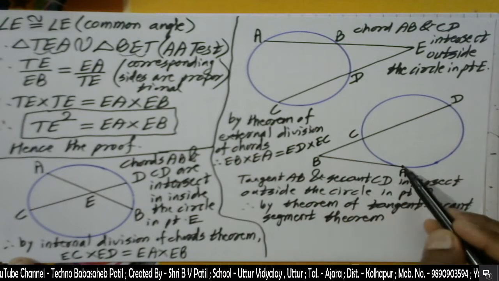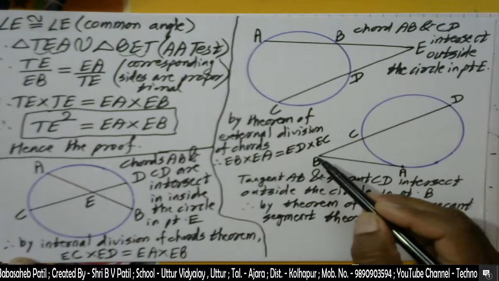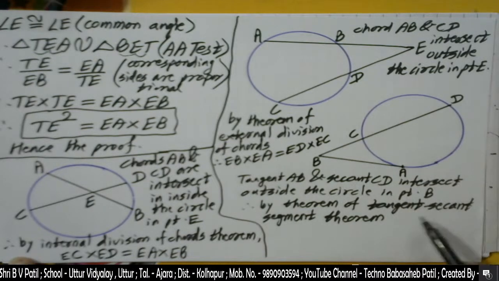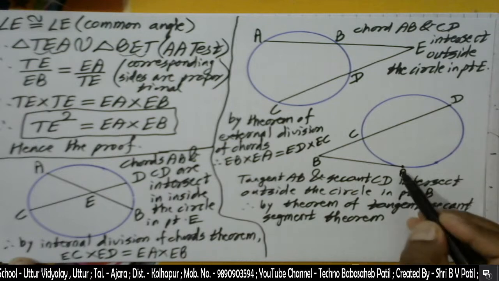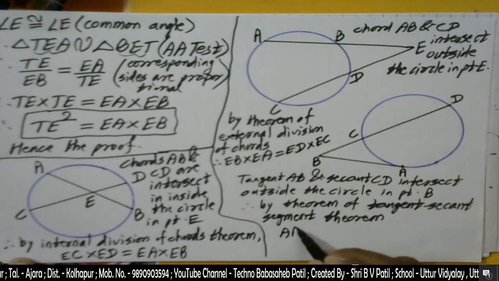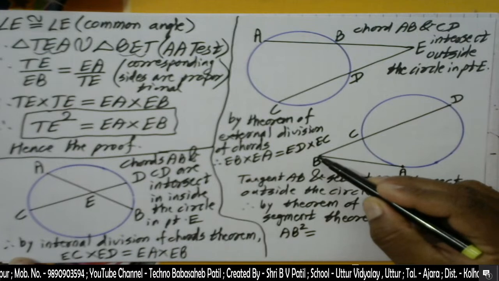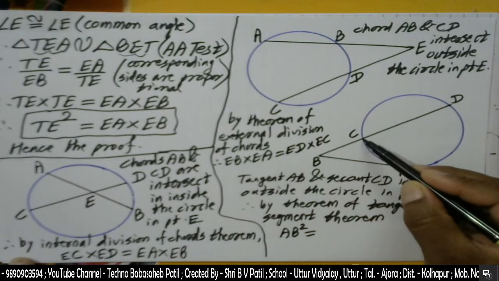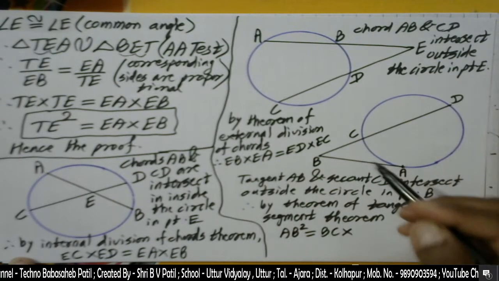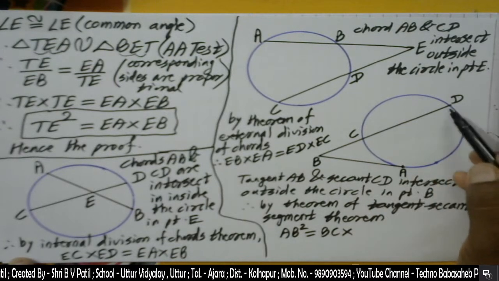Then tangent AB and secant CD intersect outside the circle at point B. Therefore, by the tangent secant segment theorem, tangent segment AB square is equal to the intersecting point B to the first endpoint of the chord, that is BC, into B to the other endpoint D, that is BD.